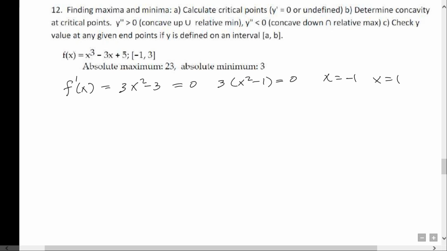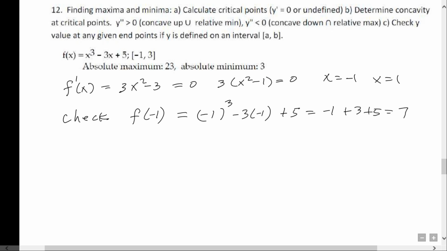So we need to check the function at minus 1, plugging in minus 1 to see what the y value is. We get minus 1 cubed minus 3 times minus 1 plus 5, which is equal to minus 1 plus 3 plus 5 equals 7.